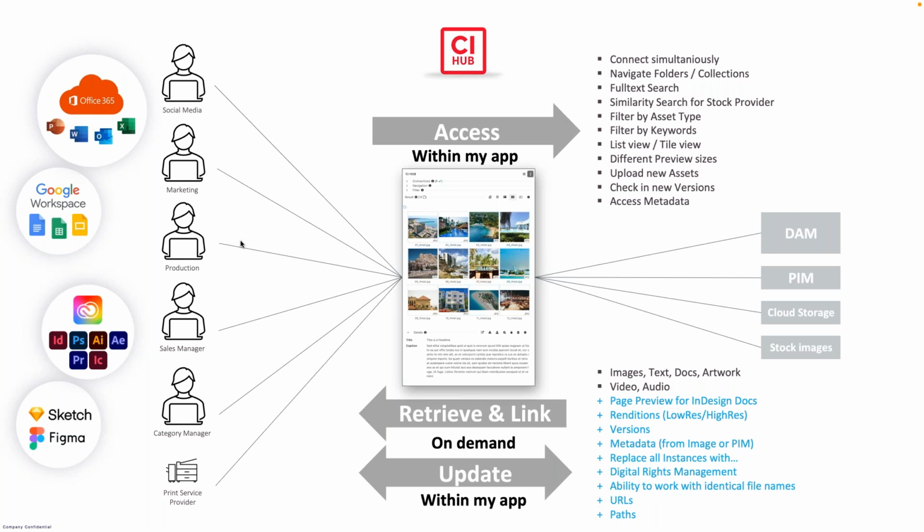So converting or making assets available that are not intended to be used in the original program, like automatically converting images to a format that is accepted, automatically converting and making accessible the ability to convert from one platform to the other platform, plus adding services like the rights management application right into the application, right into the creative process, is something that makes working with assets very easy, and that adds a lot of value and speed to the different processes.